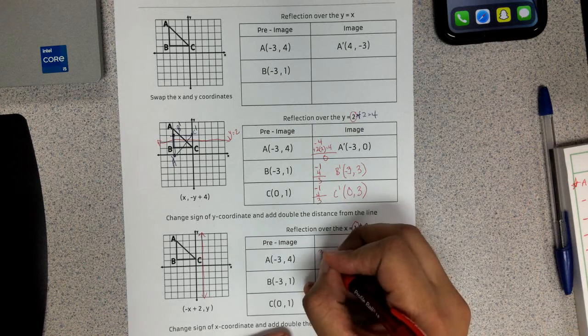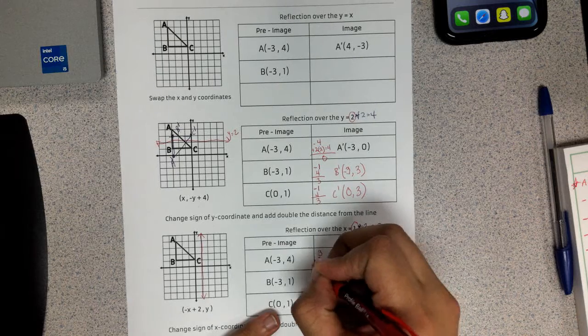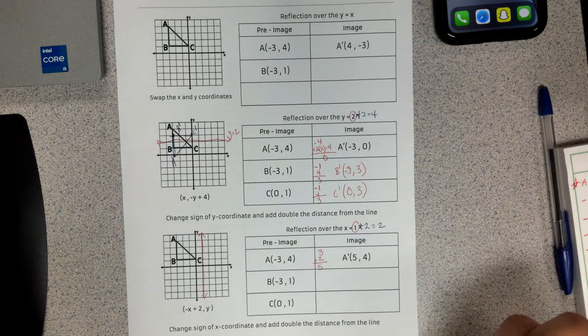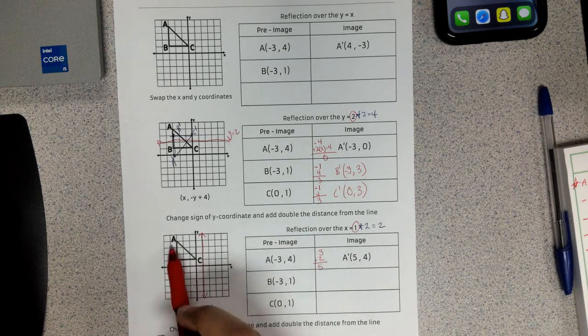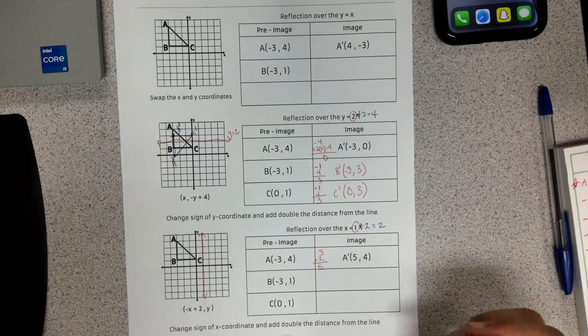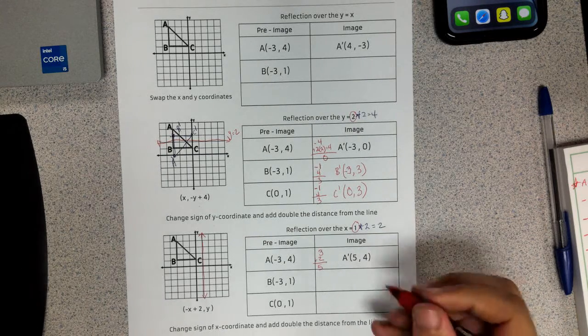So if I flip the sign, that means it becomes a +3. And then I need to add 2. And when I do that, I get 5, and then I leave the y alone because my y is not going to change, because I'm not reflecting over an axis that is the x-axis or an x value. So I end up with 5, 4.